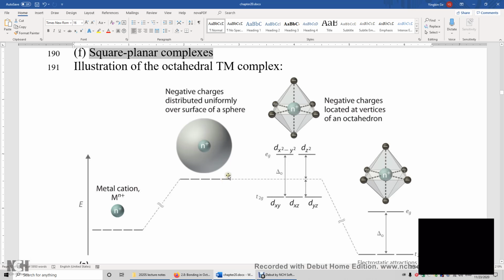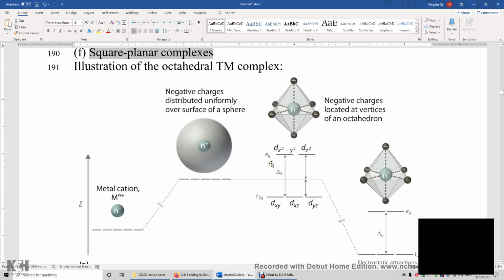And then we will change the environment from spherical symmetry to octahedral symmetry. So now right here we have only 6 negative charges. Those are point charges. And these 6 negative charges will affect the energies of these d orbitals in 2 different ways.